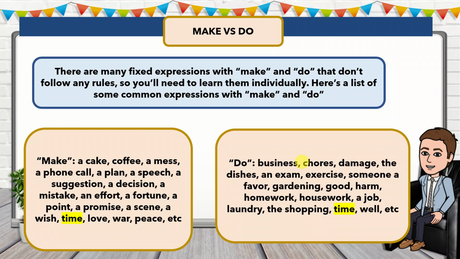Do exercise or do exercises. Do someone a favor. You can say, can you do me a favor? Do gardening. Do good. Do harm. Do homework. Do housework. Do a job. Do the laundry. Do the shopping. Do time. Do well. For example, I did very well on my test, etc.